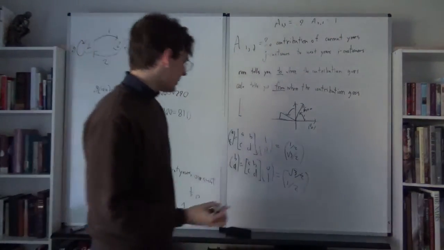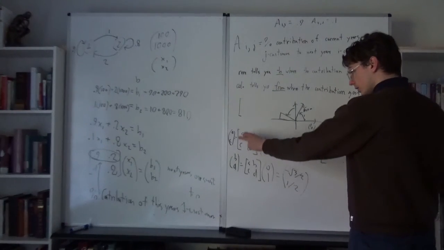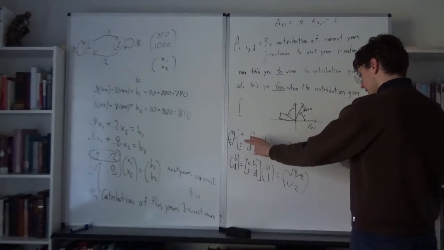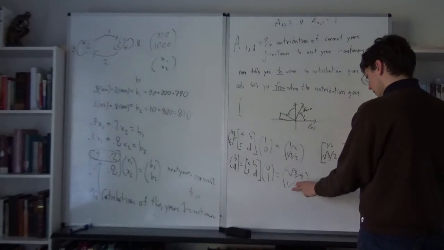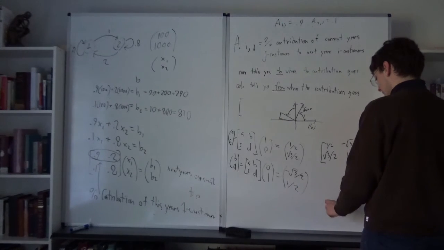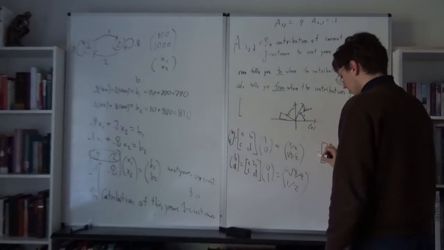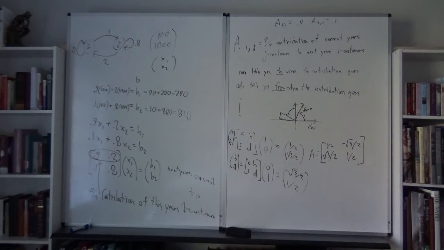Okay, so this matrix right here looks like the following. The first column is 1/2, square root of 3 over 2. And the other looks like negative square root of 3 over 2, 1/2. Okay, so that's what a 60-degree turn looks like.